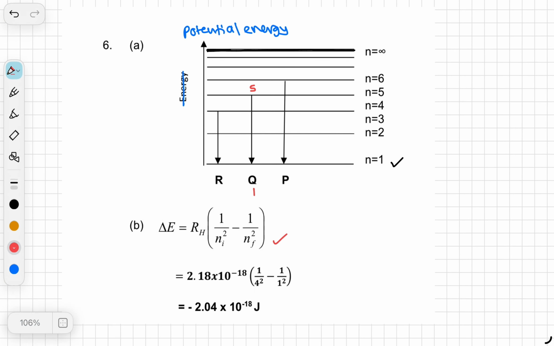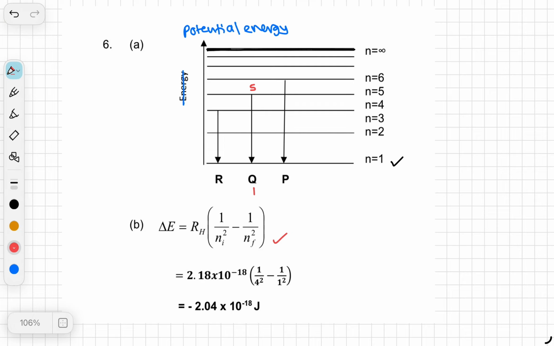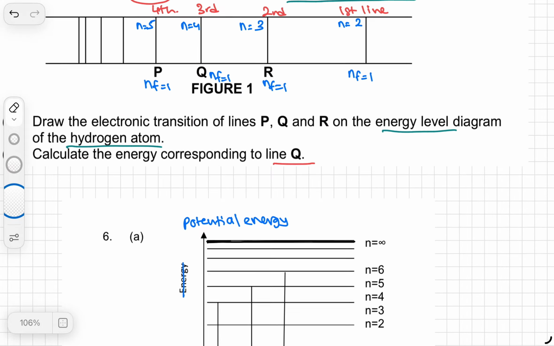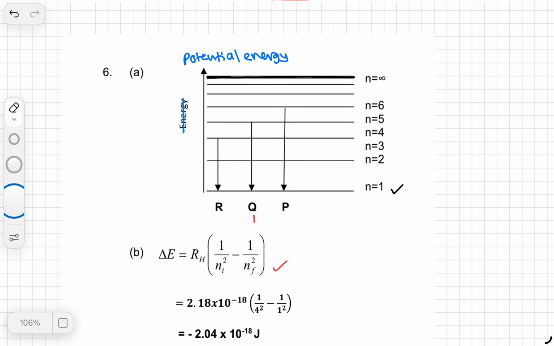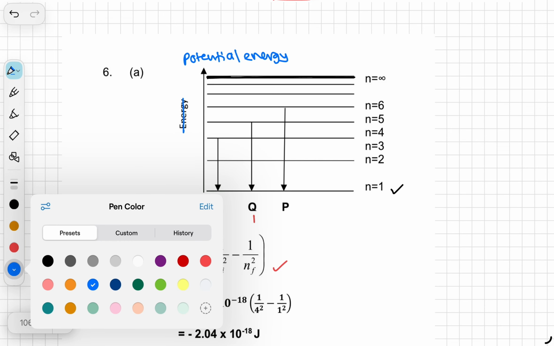So there is a mistake in this. One minute. So line R, let me check. Line R is 3 to 1. Again, now I know. Let me just quickly change the labeling.